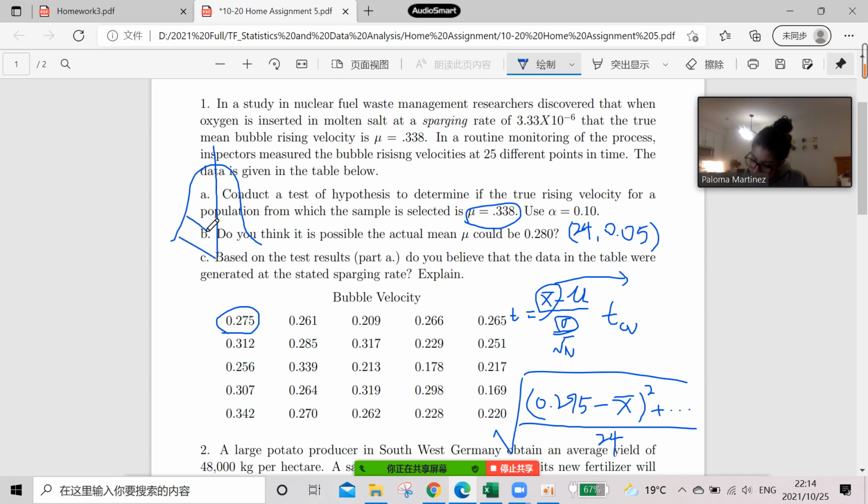So you only have the left tail. You should divide your alpha by 2, and you get the one-tailed alpha is 0.05. Whether to use a two-tailed or one-tailed test really varies in different problem sets and situations.